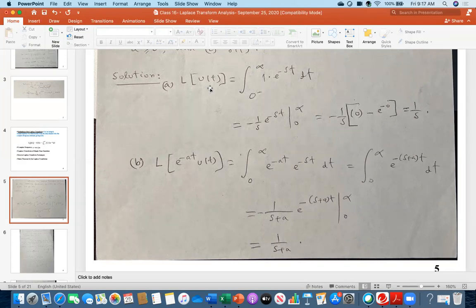That is the very first task. At that time, if you see that your input to the circuit is u(t), then directly write that it is 1 over s. If you see e to the power minus at in that format, that is 1 over s plus a.